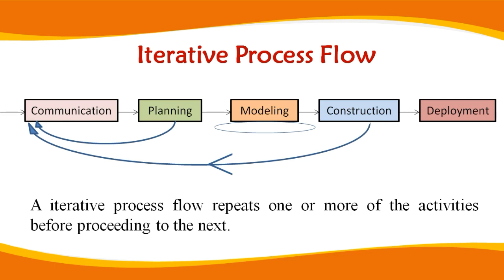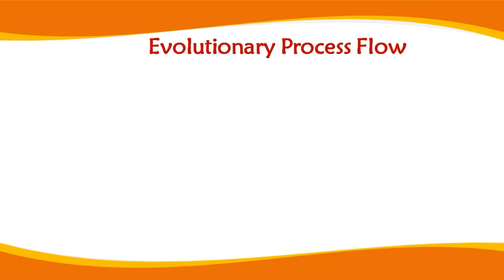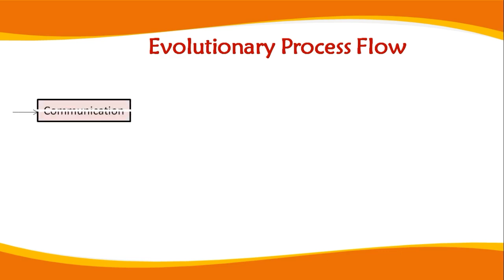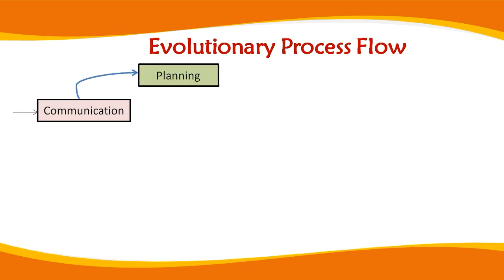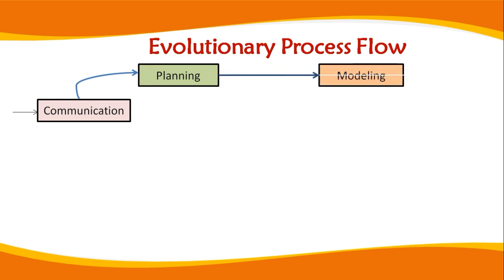Now let us see the next process flow, that is evolutionary process flow. Evolutionary means evolving each and every phase. Once the customer and developer have communicated, the developer starts planning the project. After planning and documentation are over, they are going to model the project.